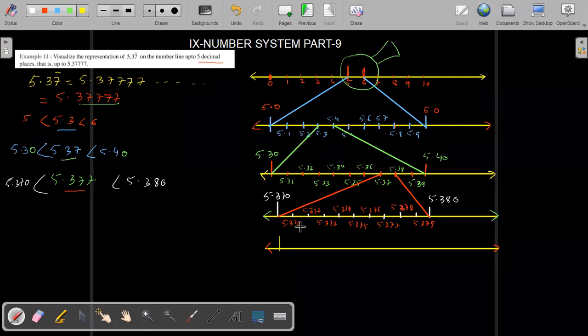So suppose this is 1, 2, 3, 4, 5, 6, 7, 8, 9, and 10.